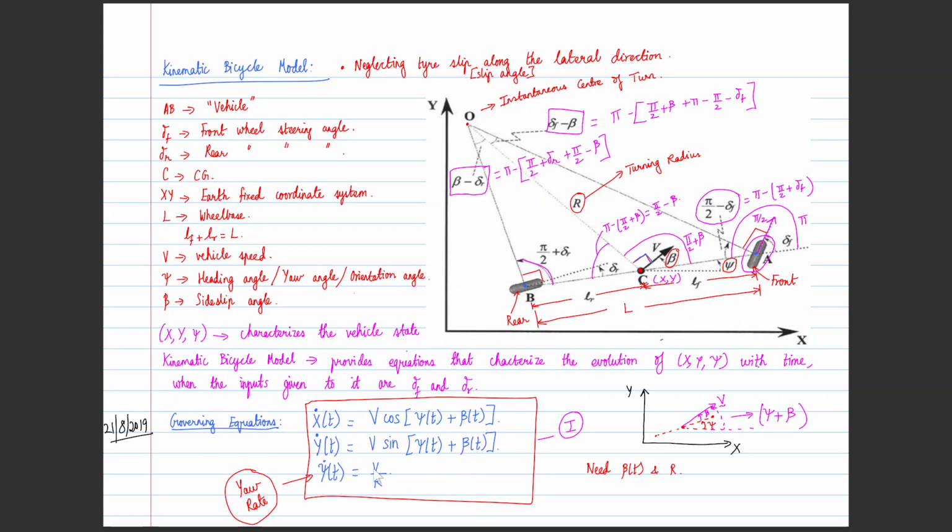So yaw rate would be V by R, where R is the turning radius, right?